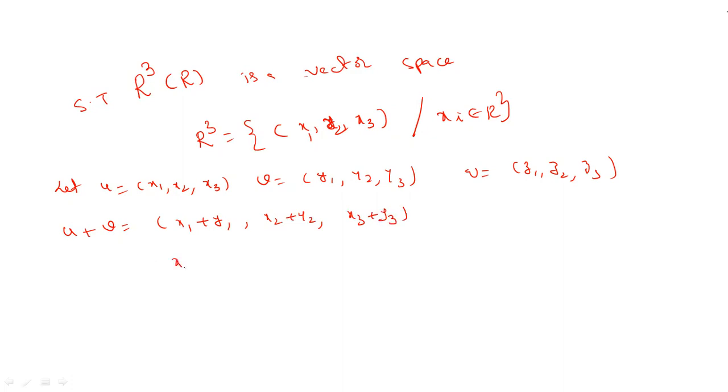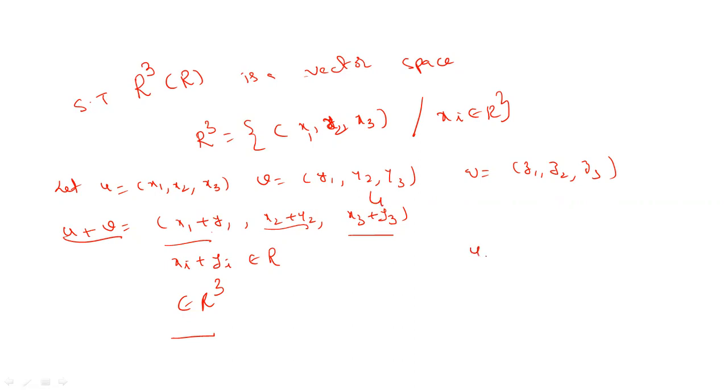Each xi is a real number, yi is a real number, xi plus yi is a real number. x1 plus y1 is a real number, x2 plus y2 is a real number. So three real numbers, so they belong to R cube. So u plus v belongs to R cube. So addition is closed. Now my question is u plus v plus w. So what is u plus v plus w?